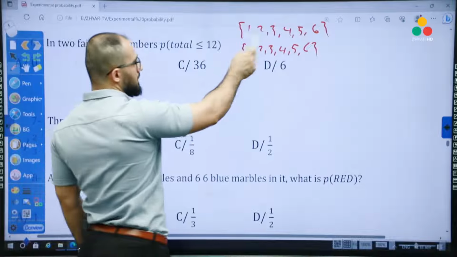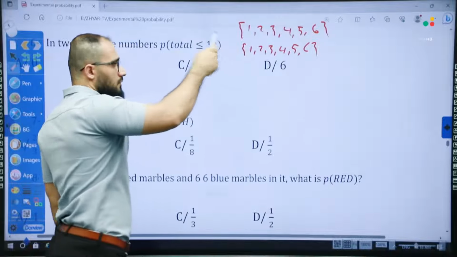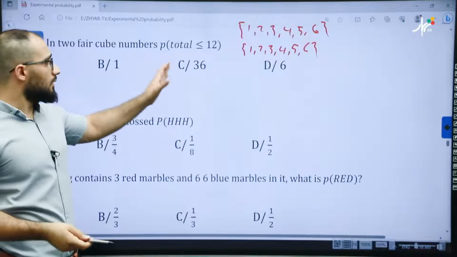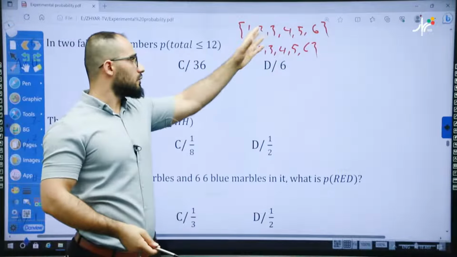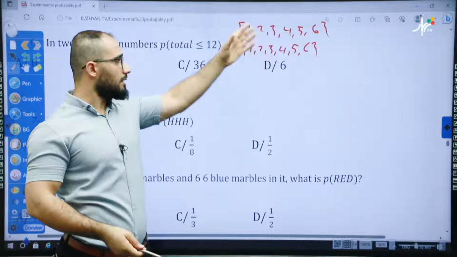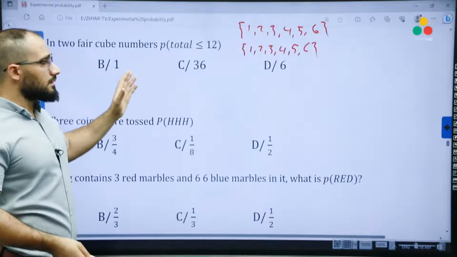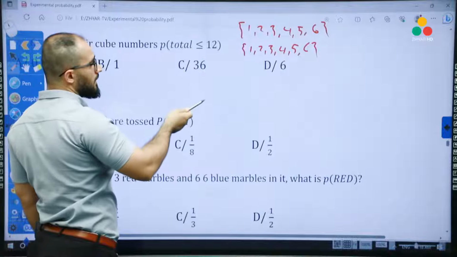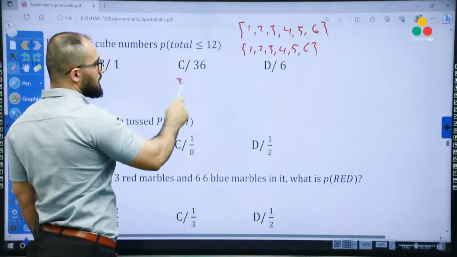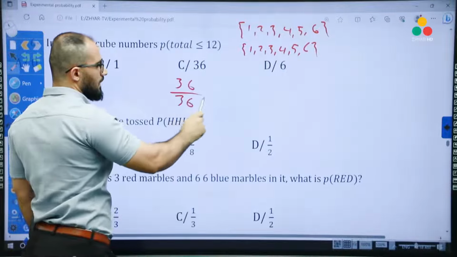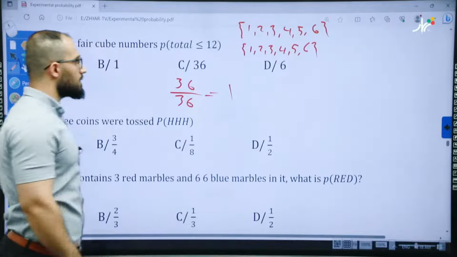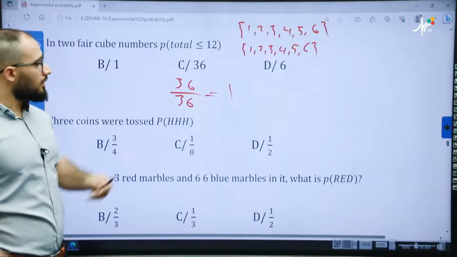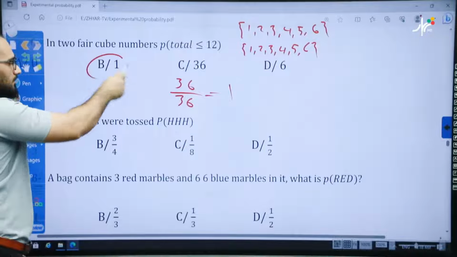Then look at all the results. 1 plus 1, 1 plus 2, 1 plus 3, 1 plus 4, 1 plus 5, 1 plus 6. They are less than 12. Then you test 2 with 1, 2 with 2, 2 with 3, and so on. All the results are less than or equal to 12. That's why it's going to be 36 over 36, and it's equal to 1. So the P of total less than or equal to 12 is 1.